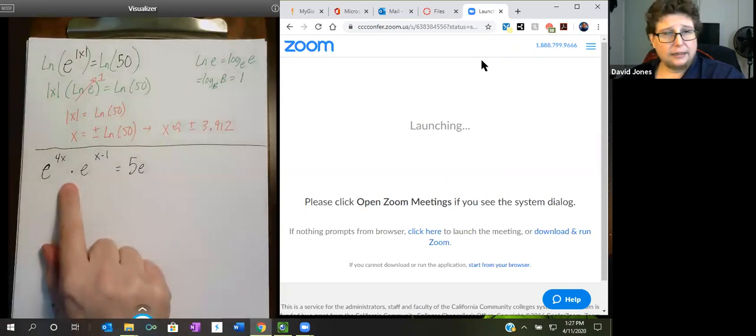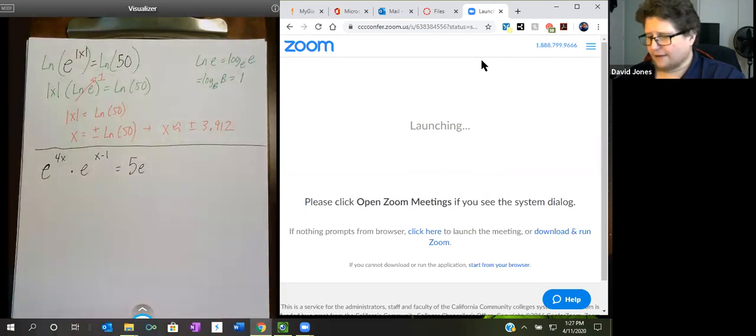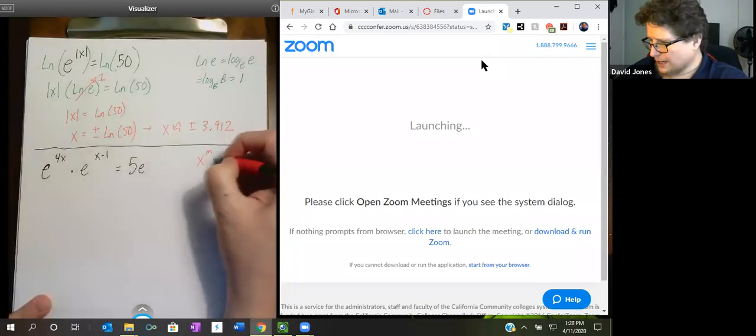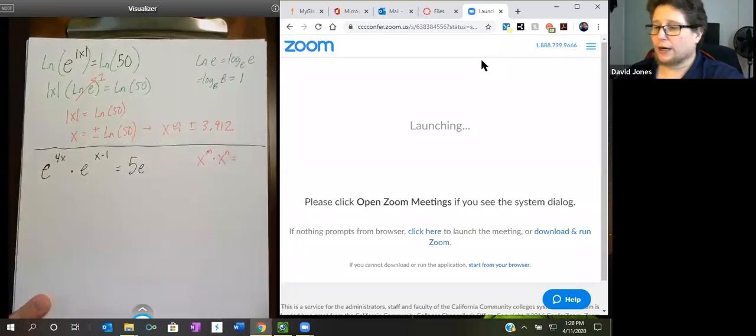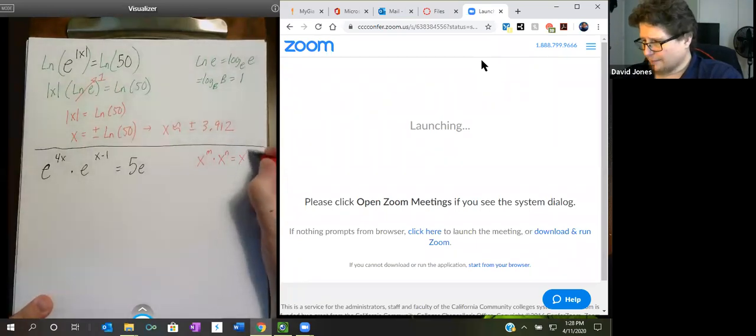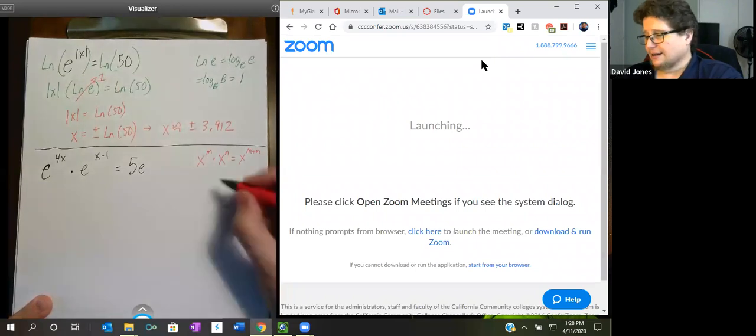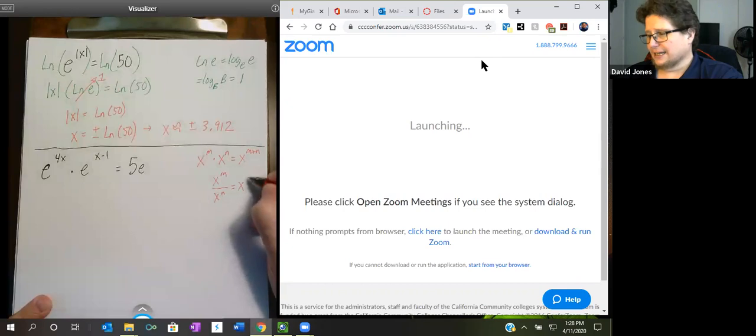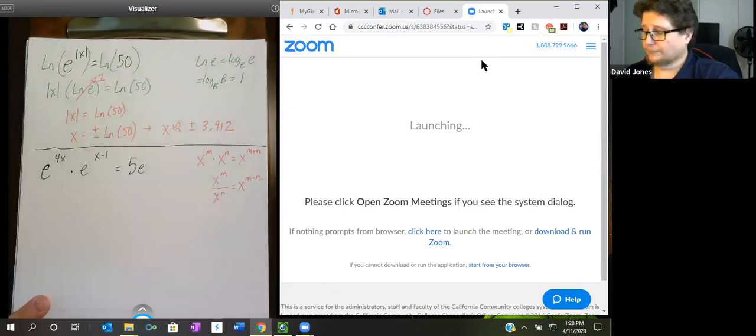Let's see if you guys remember the rules. x to the m power times x to the n power equals what? x to the m plus n. Also, x to the m divided by x to the n is x to the m minus n.